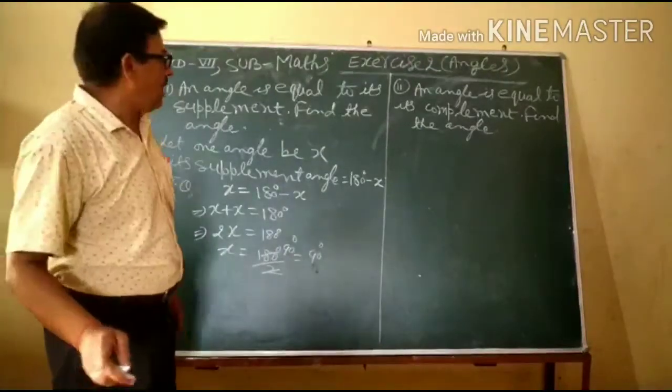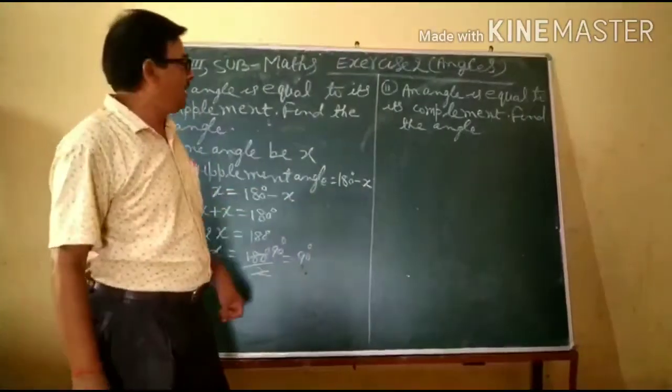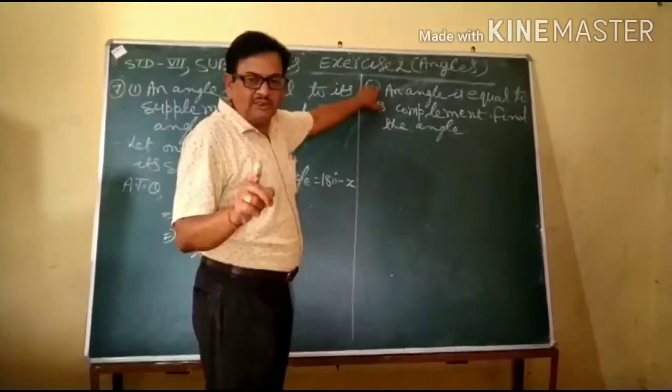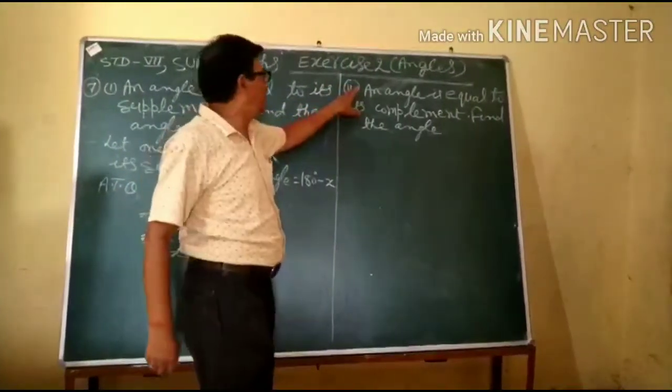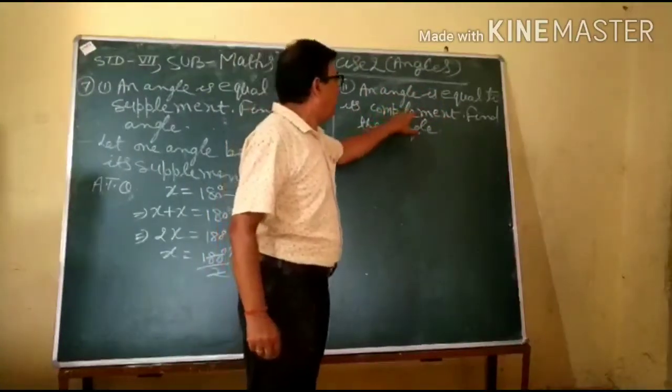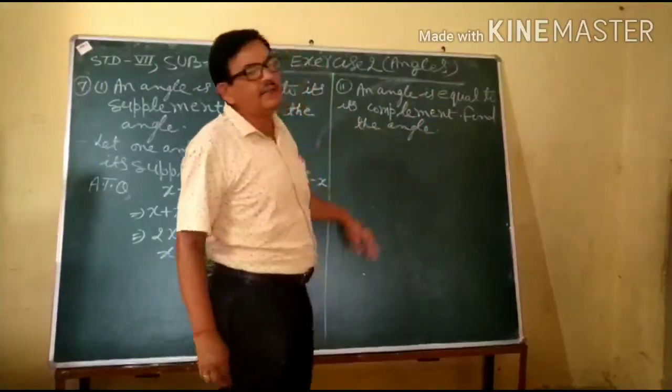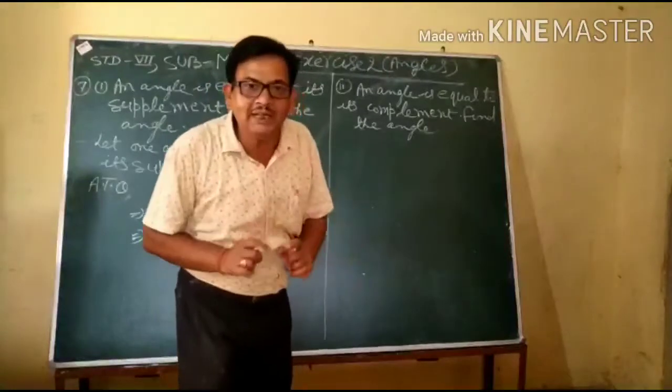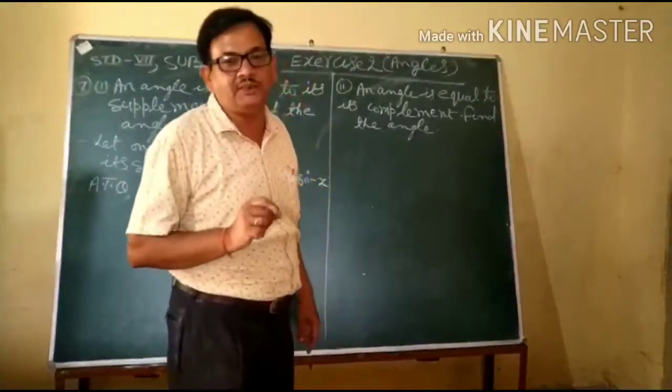Understood now? Now the second question. Same question 7, second part, I am going to solve. An angle is equal to its complement angle. Find the angle. Complement angle, my dear students, I have given you the definition.